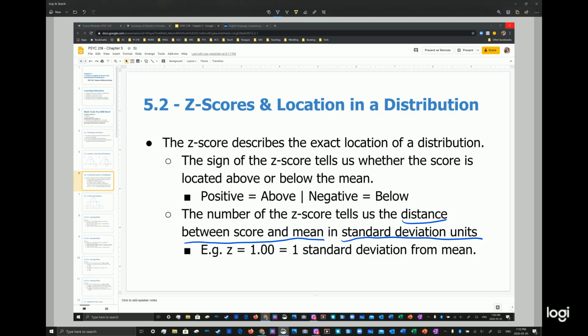You can paraphrase this in a way that works for you, but remember, you must include the three parts. You need to include the score and the mean and describe the relationship between them, specifically the distance between a score and the mean, and you're measuring that in standard deviations or standard deviation units. The formula is derived from this definition.